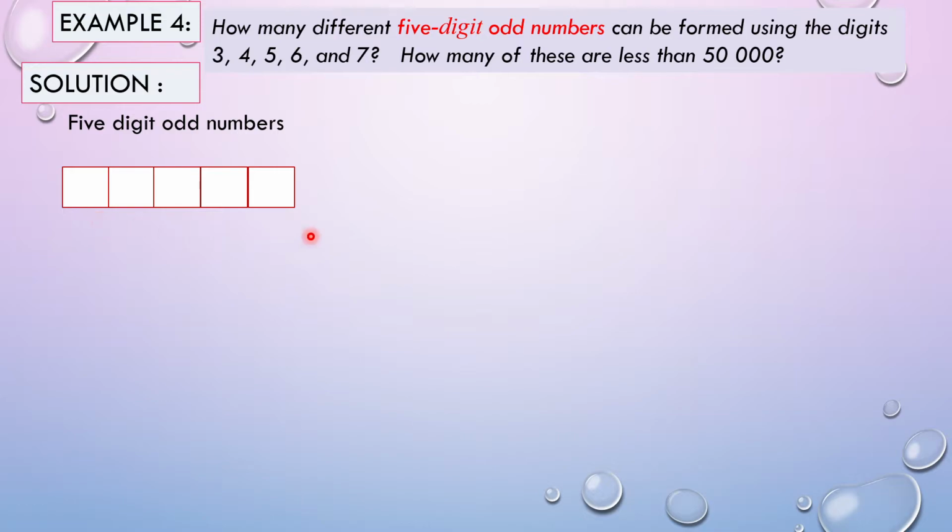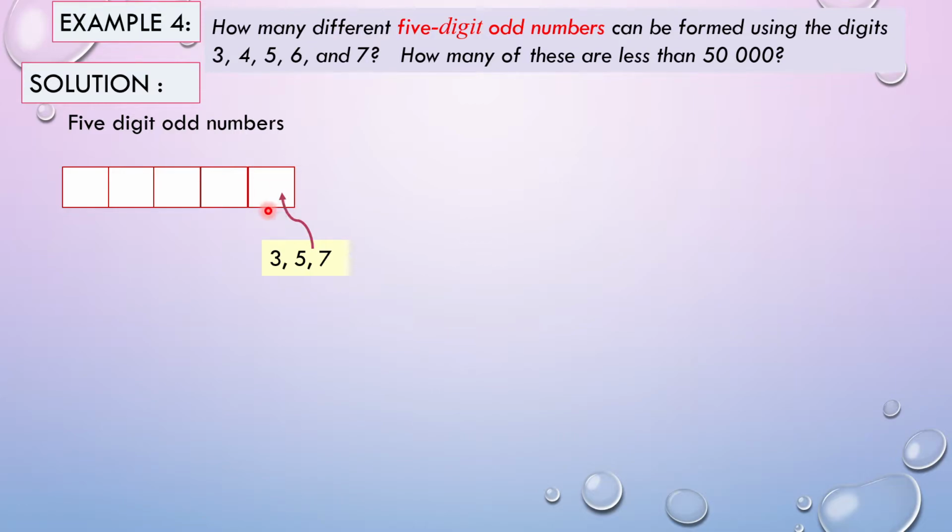First you prepare the empty boxes. Since we want to form 5-digit odd numbers, you prepare 5 spaces for the digits. Since we want an odd number, it depends on the last box, or the last digit.